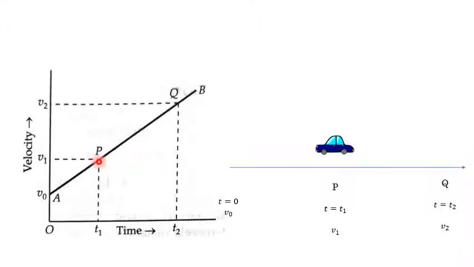Now again your particle moves for some more time. Let us say it moves from time t1 to t2, and again it increases its velocity from v1 to v2.